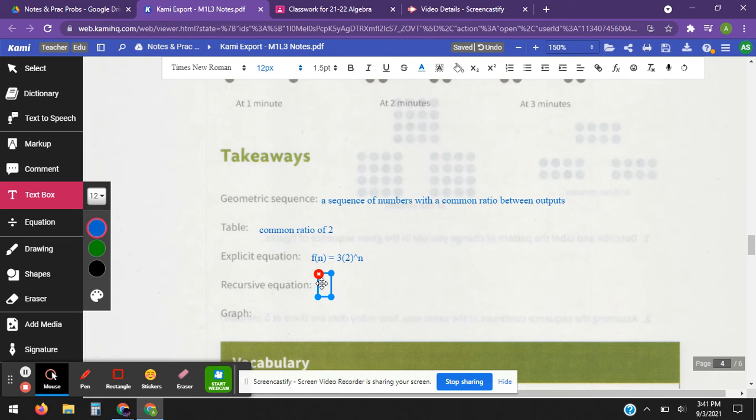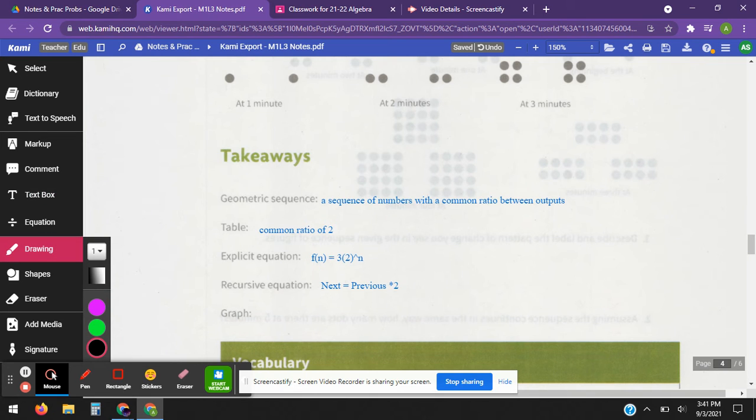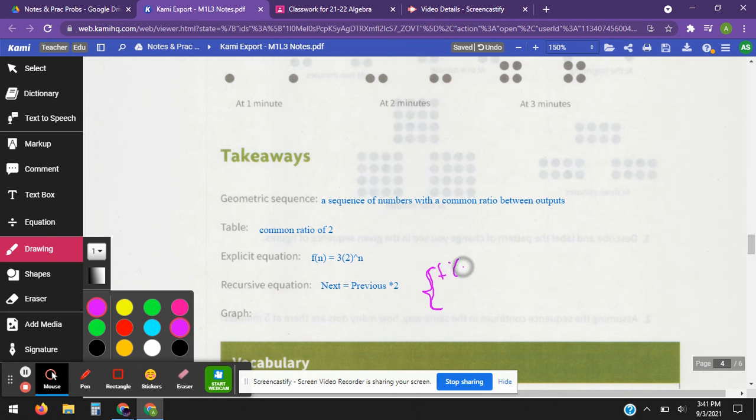The recursive equation is our next equals previous times 2. And I'm also going to draw our recursive f of 0 equaled 3.